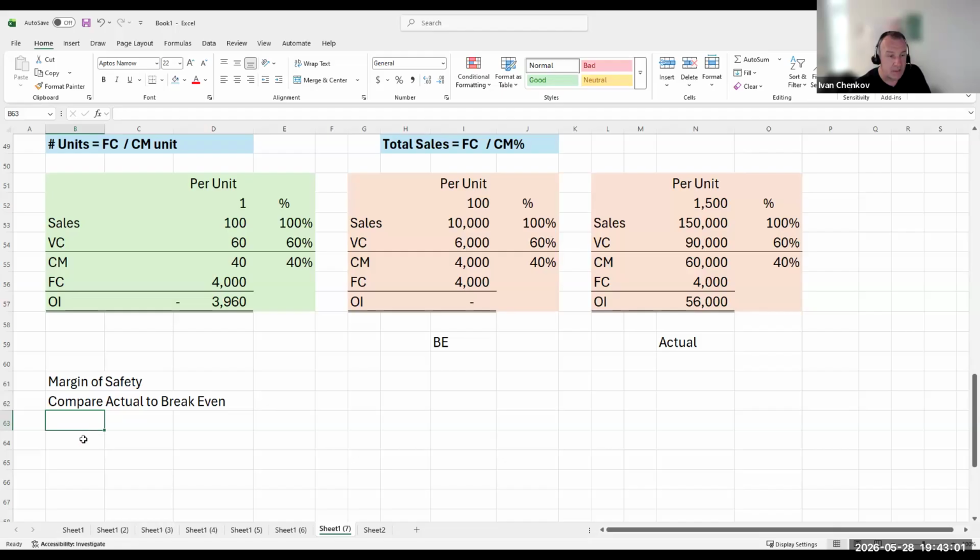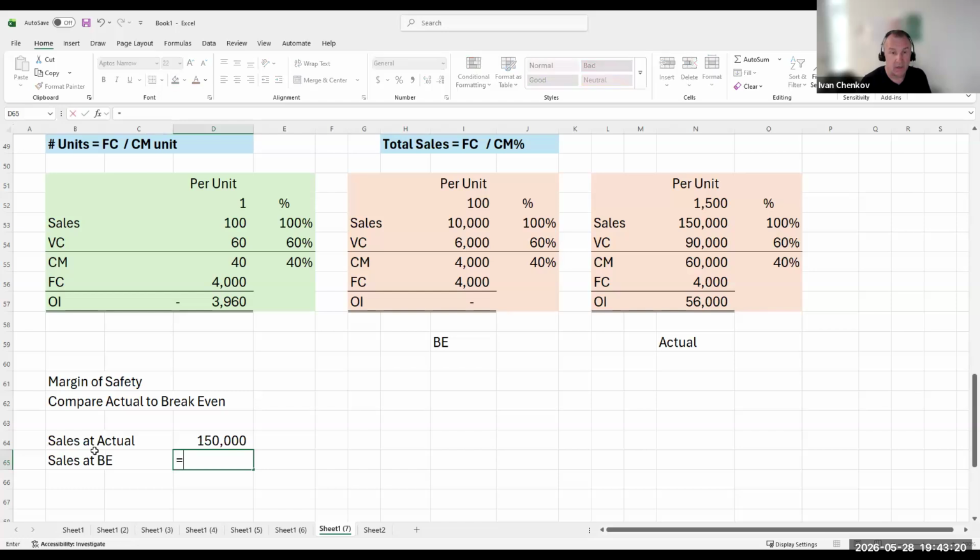So where are my sales on the actual level? My sales at actual level are 150,000. Where are my sales on break-even? Sales on break-even are $10,000. What's the difference? Well, my difference is 150 minus 10,000. So I'm $140,000 above break-even.